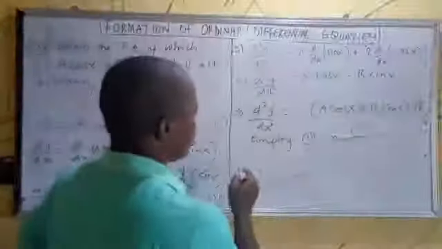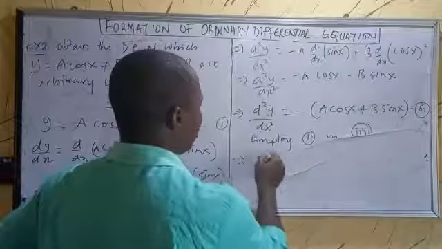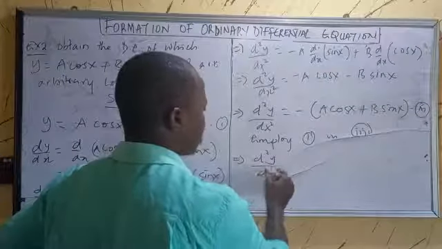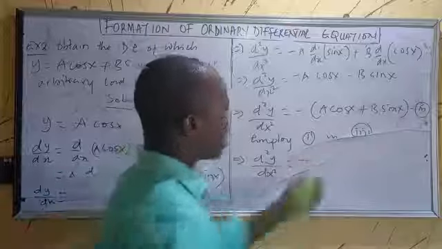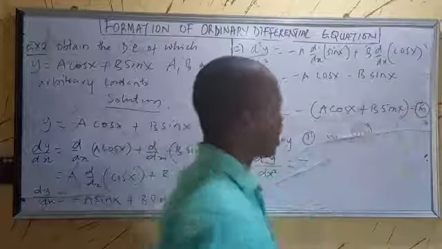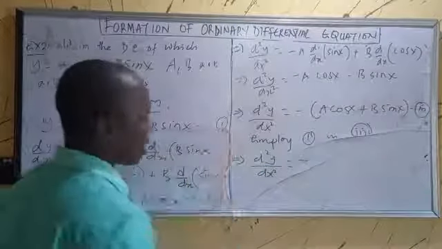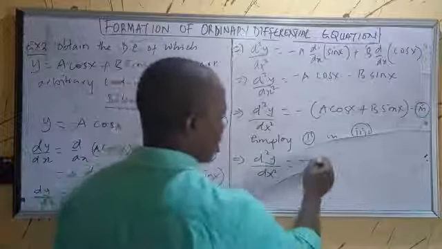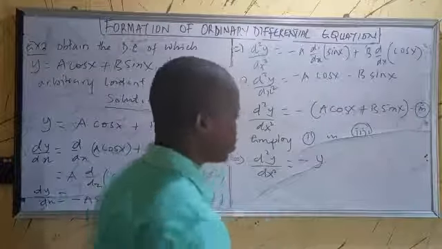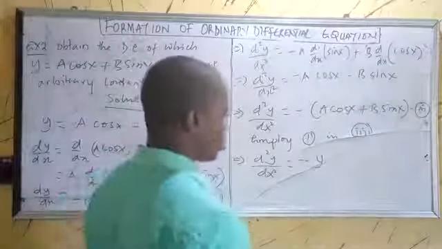Understand? So we have d squared y over dx squared equals minus of a cos x plus b sin x, which is the same thing as what we have here, which is y. So we have this, and that is the solution to the problem.